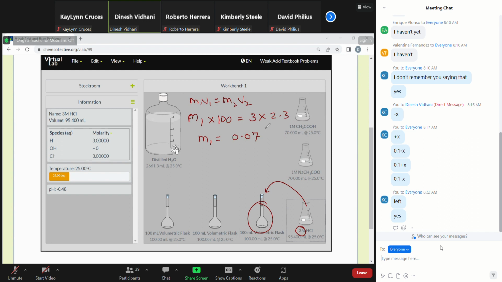But since this is a strong acid, everything that you see as HCl has dissociated into hydronium ion and Cl minus ion. So when I say 0.07 molar HCl, I am saying 0.07 molar hydronium ion. And what would be the pH? pH equals negative log. Can you find it for me?